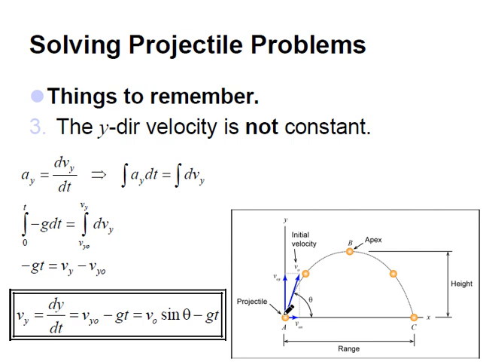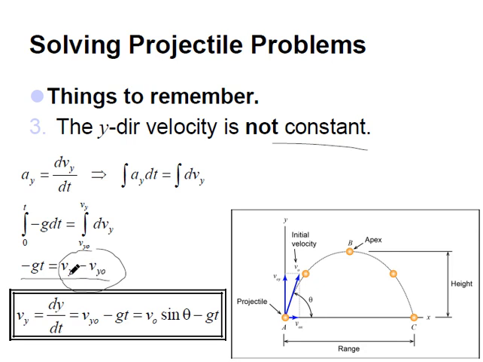Okay, so if your velocity on the y-axis is not constant, you're going to have a particular acceleration. I would say your g t is going to be your initial velocity on that y, and then you have your final velocity on that y, and you're going to subtract.